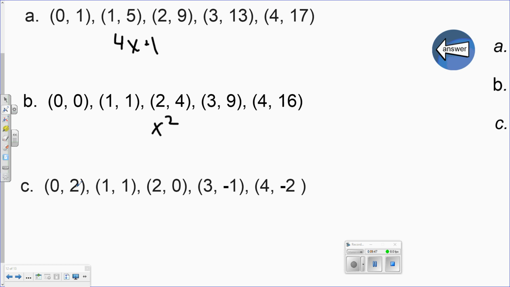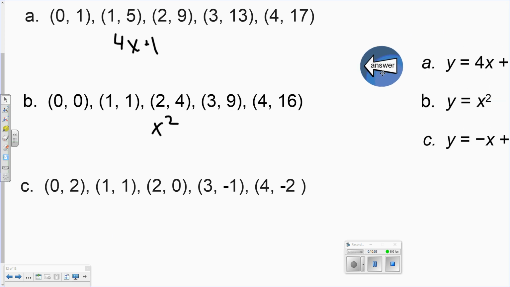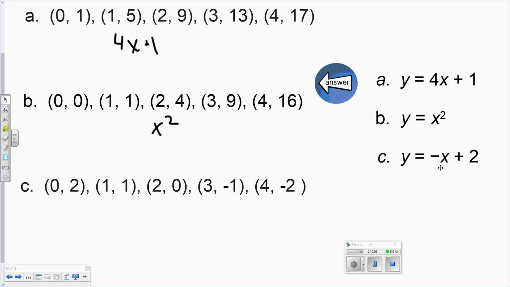So I could add 3 and subtract 1, or add 1 and subtract 2. But let's keep looking. So in this particular pattern, what we're going to end up seeing is that we multiply by -1. So again, checking for that multiplication and then adding by 2. So if I did 1 times -1, that would be -1 plus 2 is 1. And so that's really what we're looking for here.